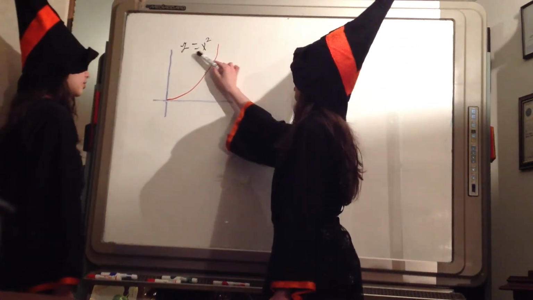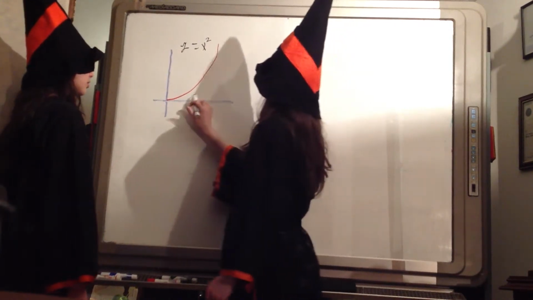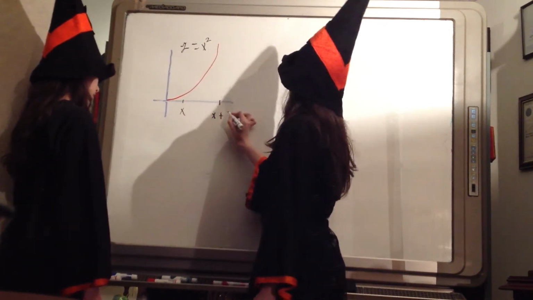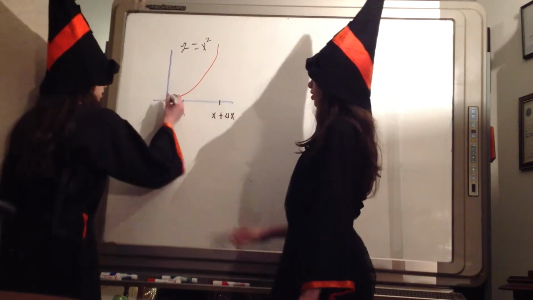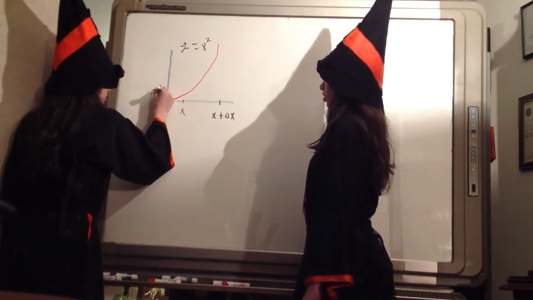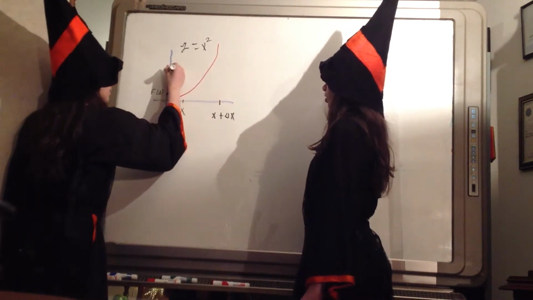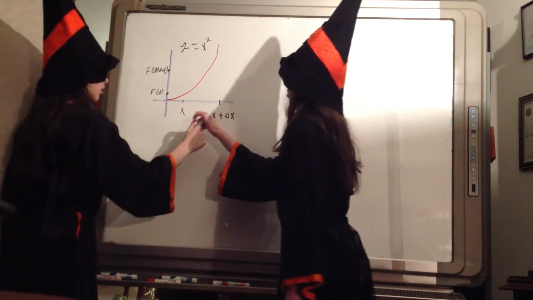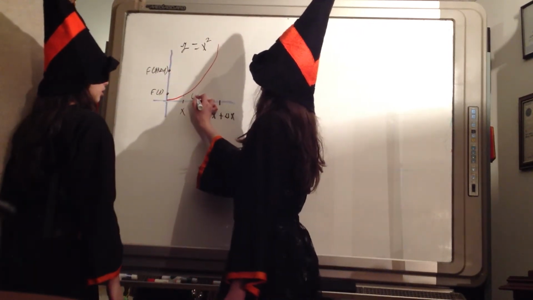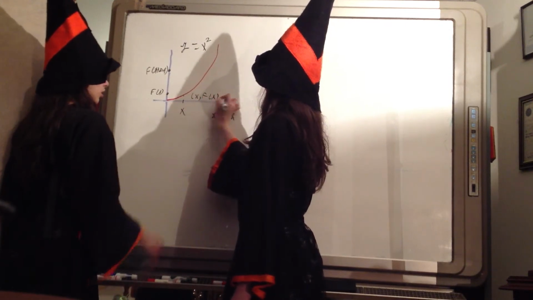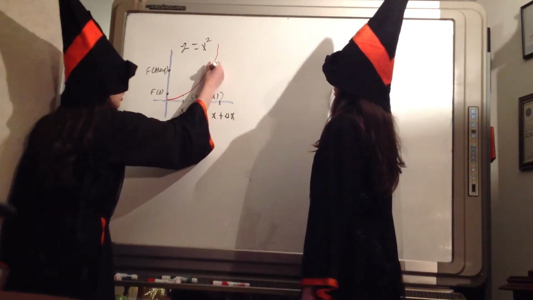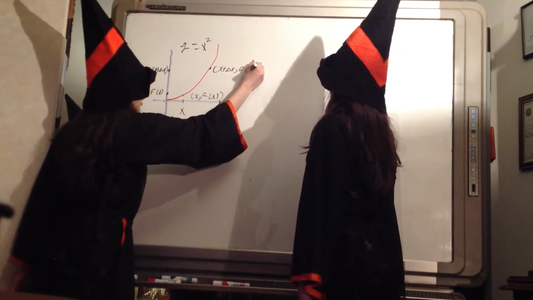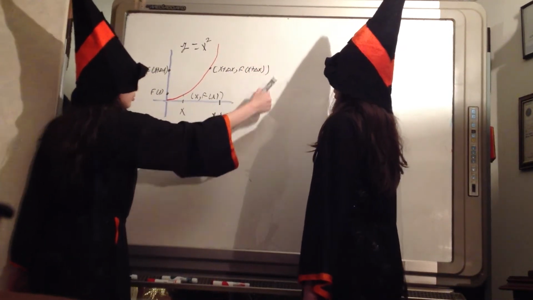This is the graph of y equals x squared, and assume that this point is x and this point is x plus delta x, and this point is f of x, and this point is f of x plus delta x, and so this point is x comma f of x, and this point is x plus delta x comma f of x plus delta x.